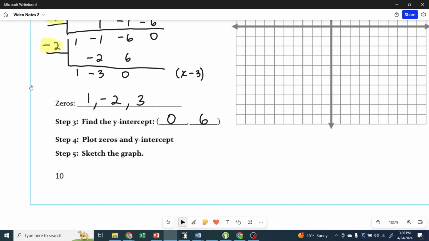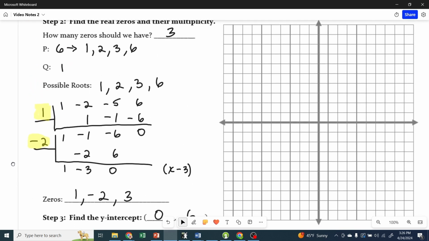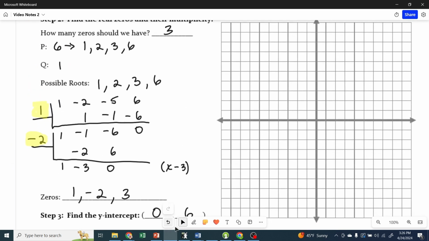So let's go ahead and do that. So our zeros again are 1, negative 2, 3. Our y-intercept is 6.